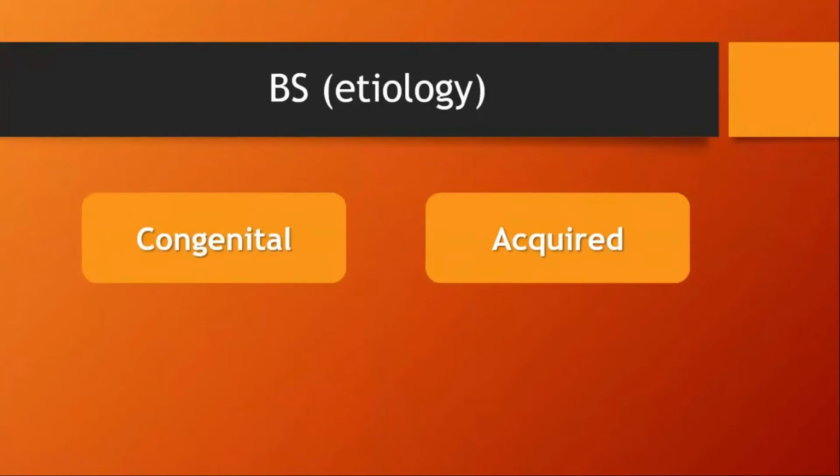Compare this with Duane syndrome. Duane's is almost always congenital. So the next question: what are the causes? Just two or three causes for acquired Brown syndrome. It's mostly congenital, ma'am. Yes, most commonly it is congenital. But my question was about acquired.